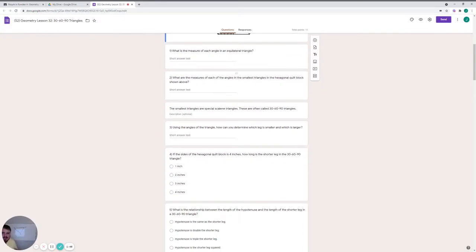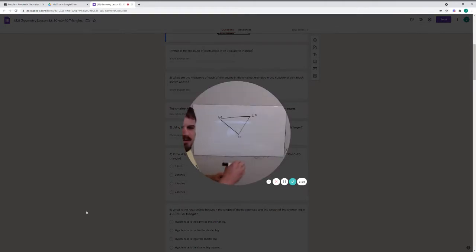And so what is the measure of each angle in the smallest triangle in the hexagonal quilt block shown above? So the measure of each angle in the smallest triangles. What this is talking about doing is when we take this, each angle is 60, and when you take it and cut it in half, well, now this angle is still 60.